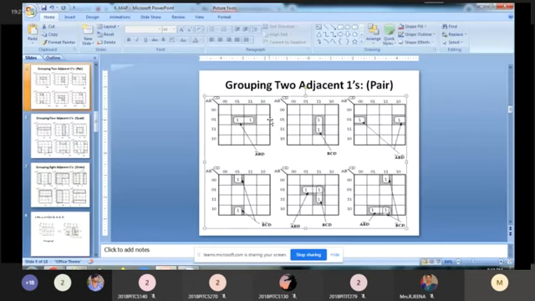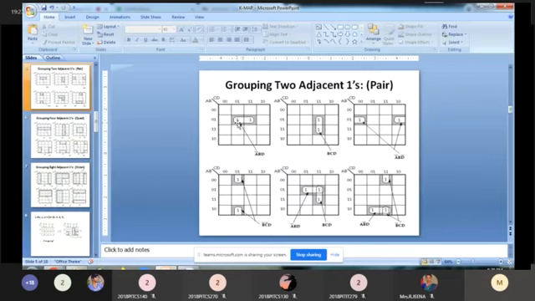Next one is grouping. How to group the K-map? First one is grouping two adjacents. Here we are using min terms, right? So you have to group the ones. If the K-map has any ones, you have to group the ones in even order.